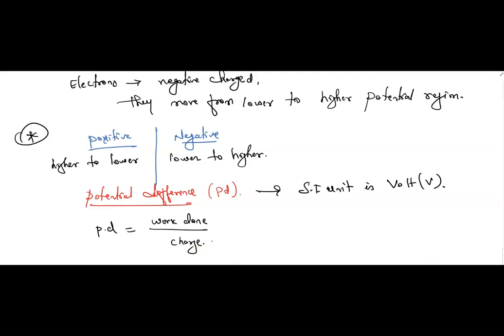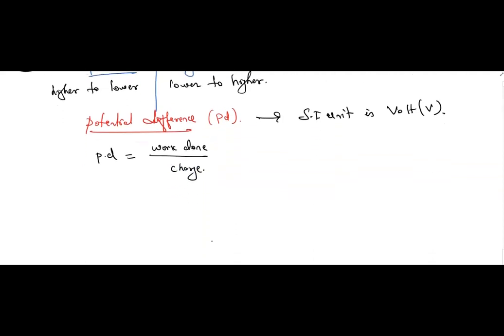V is equals to work done W, upon charge Q. Very important formula, should not forget this formula. Based on this you can get a 1 mark or small 2 mark numerical question. So potential difference V is equals to W by Q. That is called as potential difference.